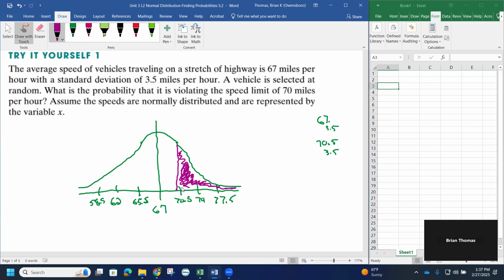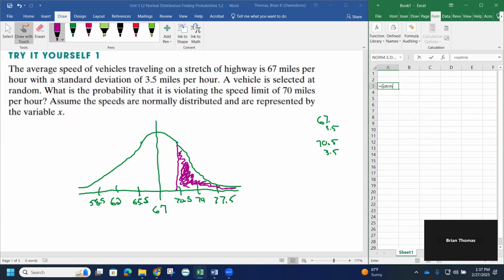Now, using Excel, what I can do is find the probability, which is going to be cumulative from left to right. If you hit the equal sign, you can start typing in normal.